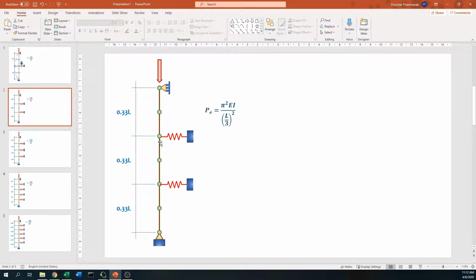For example, if you want to have maybe just this, so you have the upper part being 0.66, 0.67 L, and the lower part is 0.33 L. So you might need to know how much spring stiffness is required in order to achieve the maximum possible buckling load of this system.